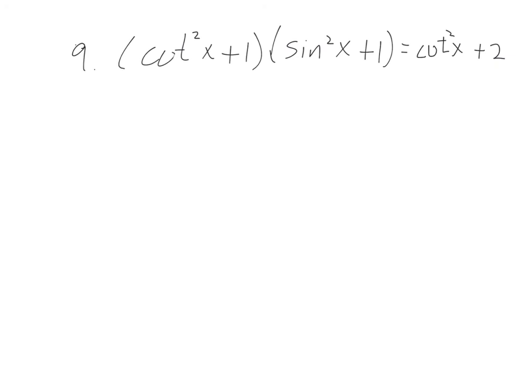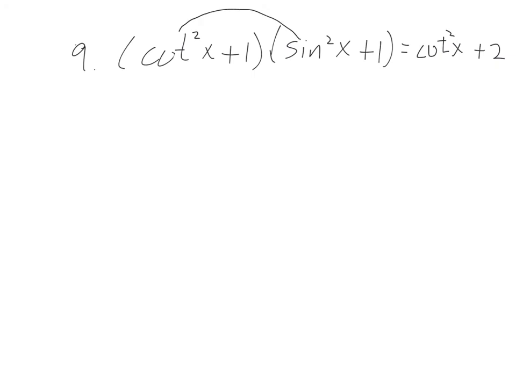The other would be, I have a cotangent squared plus 1 that could turn into a cosecant squared, which could get us some really interesting things. Then we have a cosecant squared, which is 1 minus sine squared, and distribute that in. We may be able to get somewhere, but I really think that, especially over the fact that we have a cotangent squared over there and a plus 2, we might get some interesting things happening if we do foiling. So I'm going to foil and see what happens.